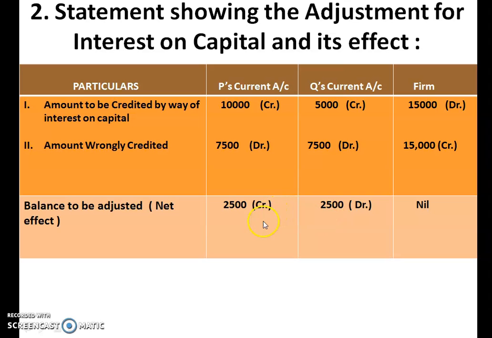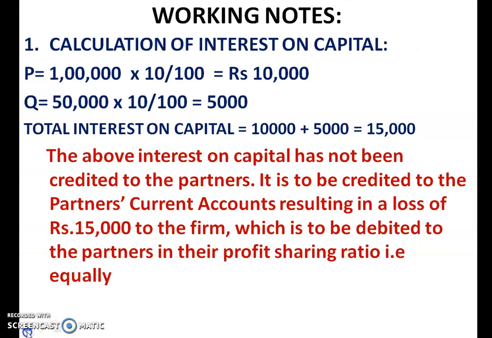So from this you have to understand that Q is supposed to give 2,500 to P. Hence Q is debited and P is credited here. Q is supposed to give 2,500 to P. Okay. So the journal entry goes this way.